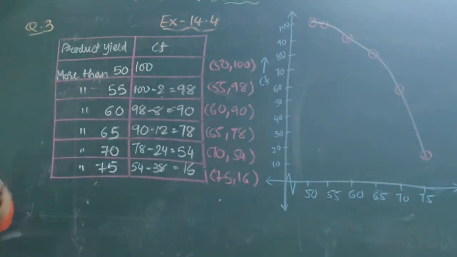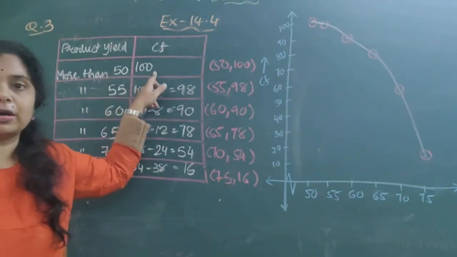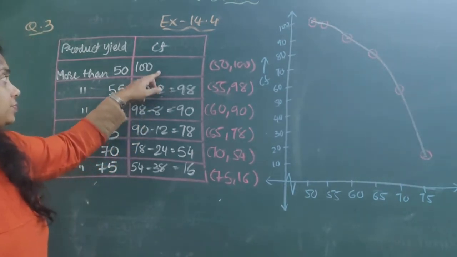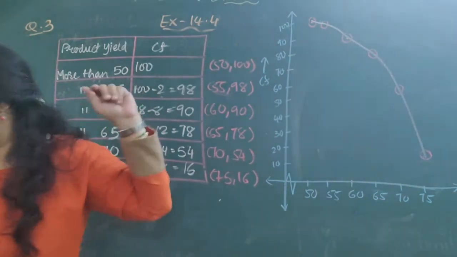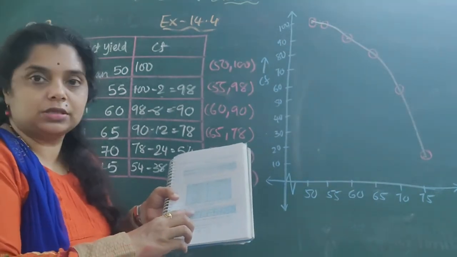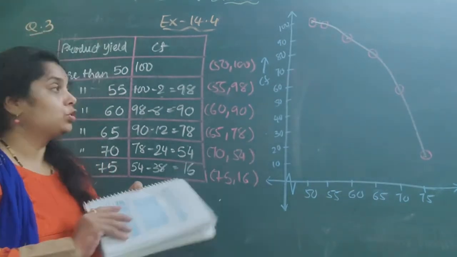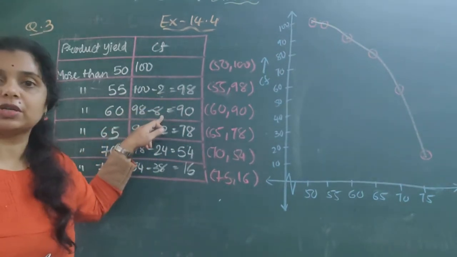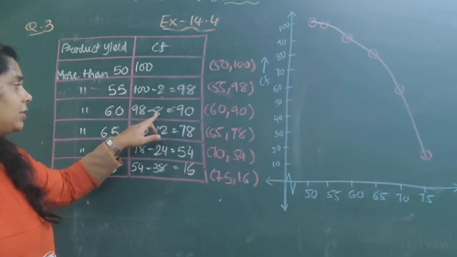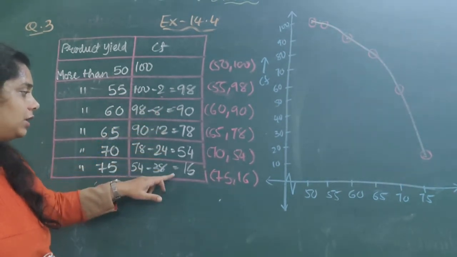I am showing you here the total number of farms is 100, so we put 100 at the top. Then we cut 2, as the number of farms from 50 to 55 is 2. So gradually we do a subtraction. Here 100 minus 2 is 98, 98 minus 8 is 90, like that we can do.